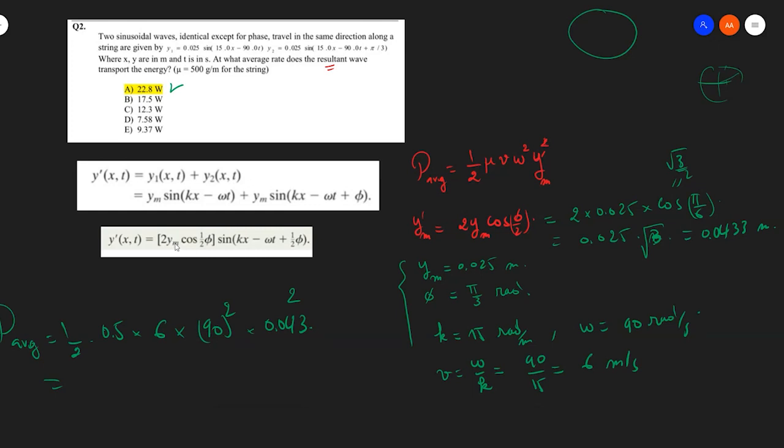It can be minimum, and it will be 0. So this is very important. And still, this one is a propagating wave. You can extract all the information from here, and you do the relation here. If they tell you resultant wave, you need to use the resultant amplitude here. Great. Let me continue.